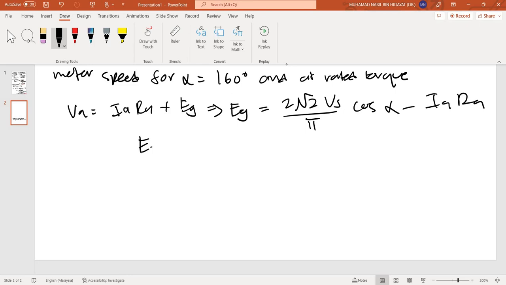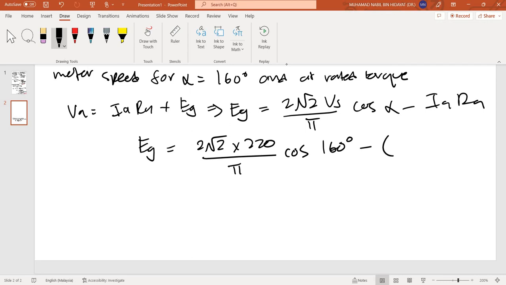So the armature voltage is 2 times 220 over pi times cos 160 degrees, minus 150 times 0.06. So your armature voltage is minus 195.24.